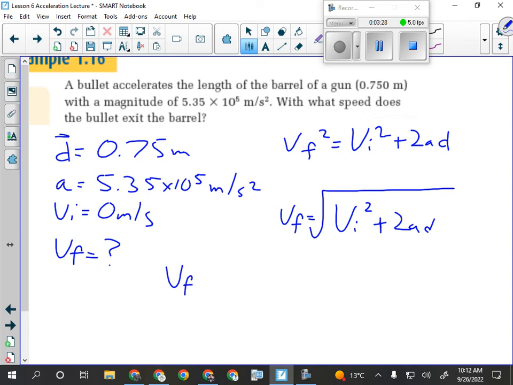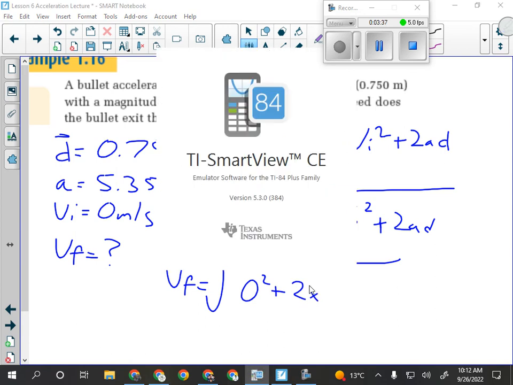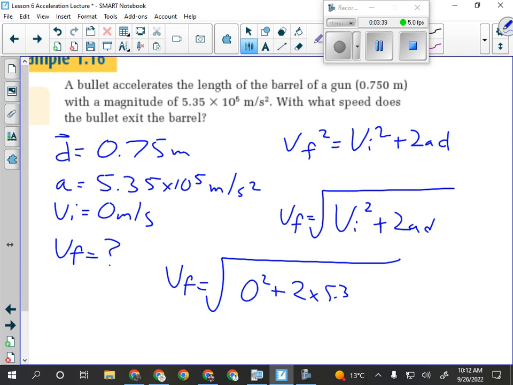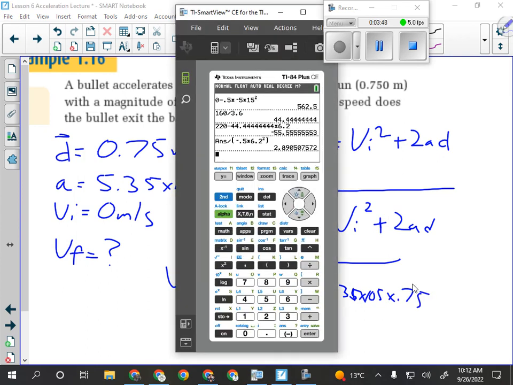So all I have to do then is plug in my numbers. That'll be 0 squared, which is 0, plus 2 times our acceleration, 5.35 times 10 to the 5 meters per second squared, times 0.75 meters. I'm not going to bother to put the 0 squared in there.